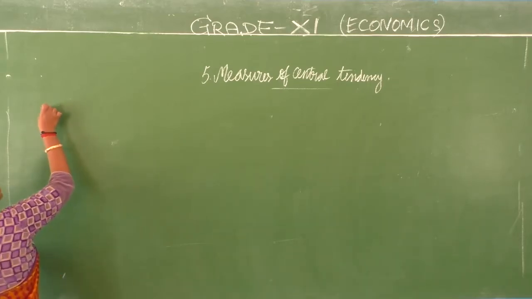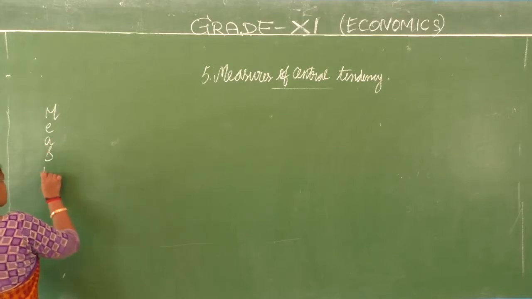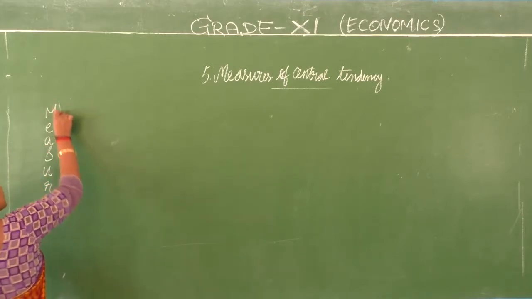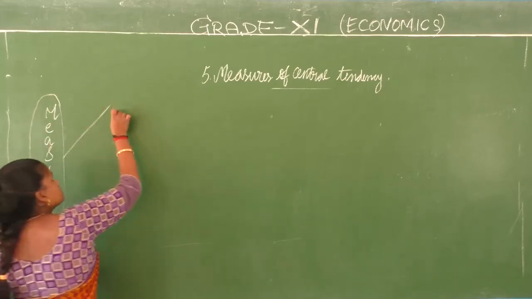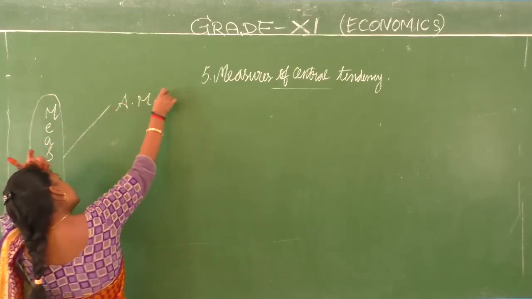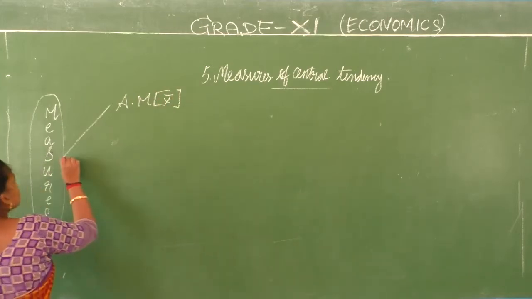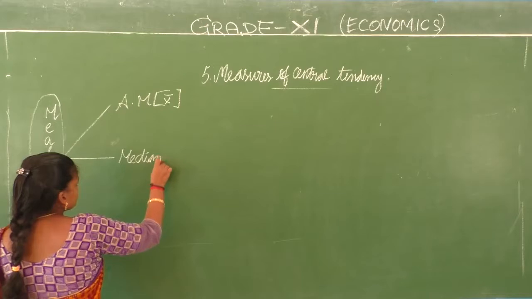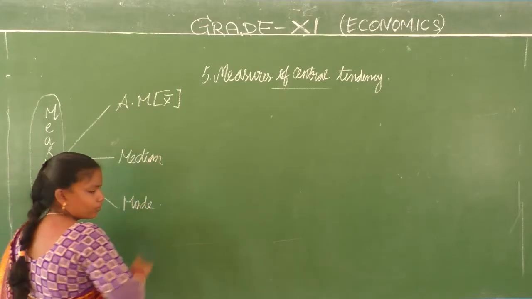So what actually are the measures of central tendency? The arithmetic mean marked as x bar, right? Then we have median and then we have mode.